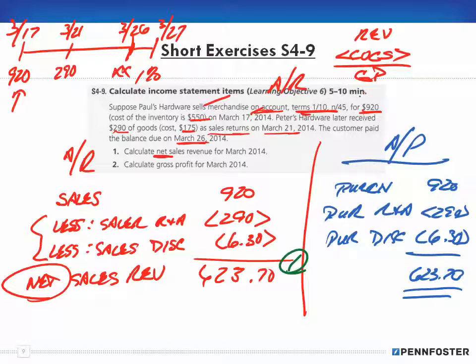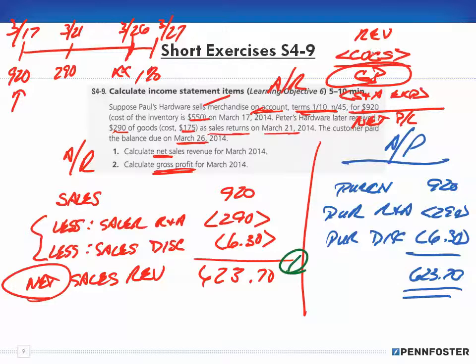From the gross profit, then we take our selling and admin expenses, which then gives us our net profit or loss. So the question is asking to calculate the gross profit, so we have to subtract out our cost of goods sold. Well, what's our cost of goods sold?